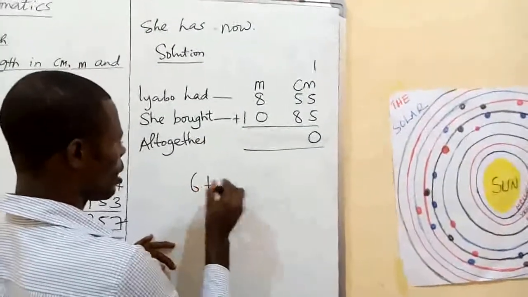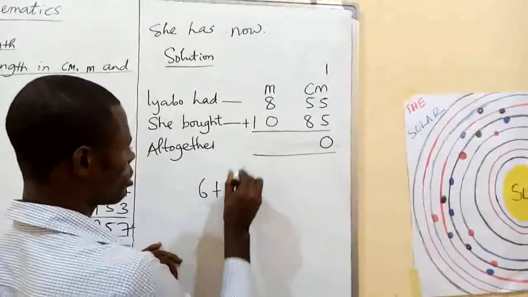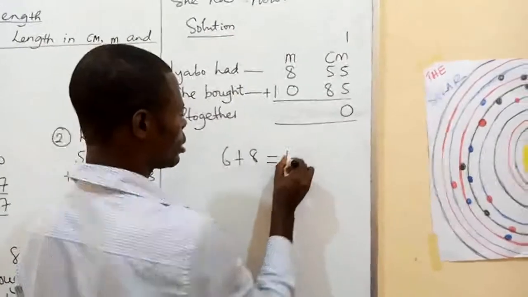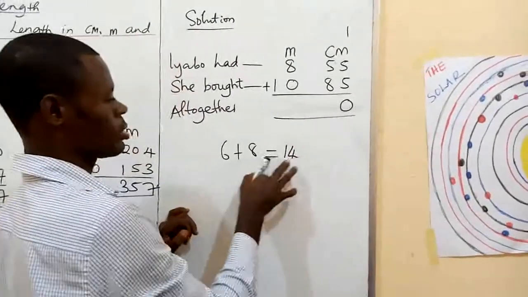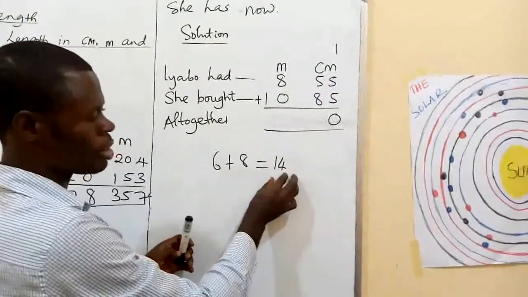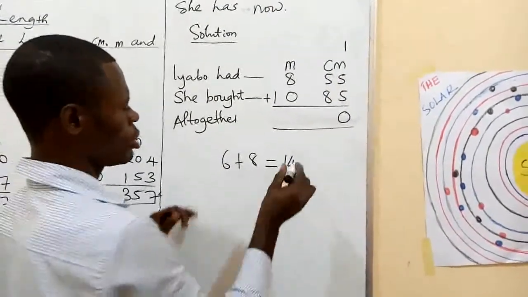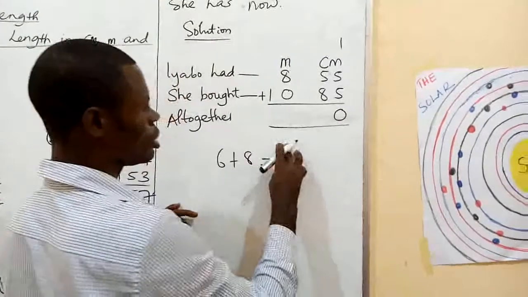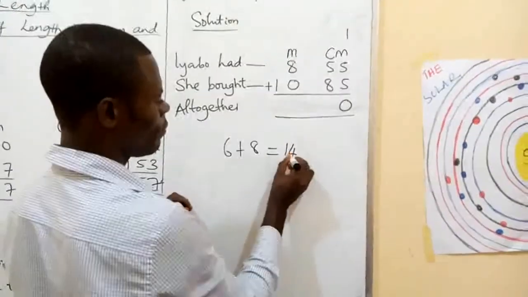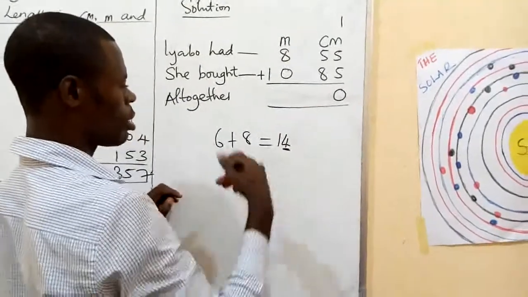This was where we made the mistake. 6 plus 8 is what? 14 and not 13. It's 14. So also you have a 2-digit number as your answer. You don't write these 2 digits under one column. You write the first digit from your right.